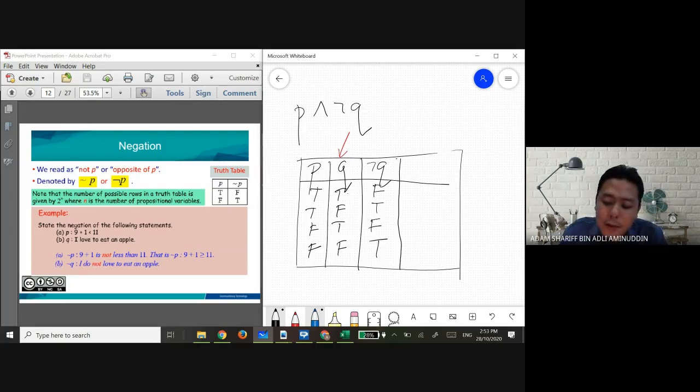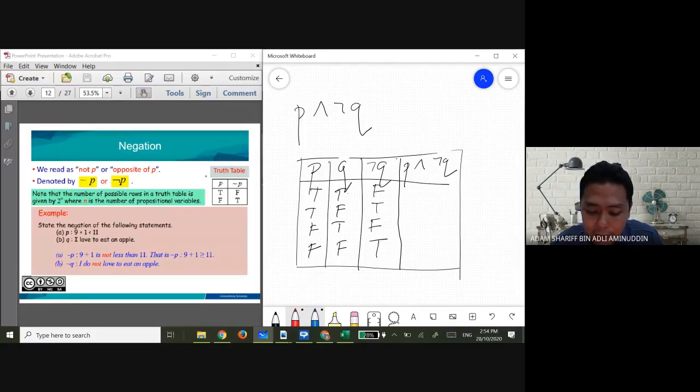Then after you prioritize not, then you can focus on P and not Q. For this one, you don't actually need to see Q anymore.